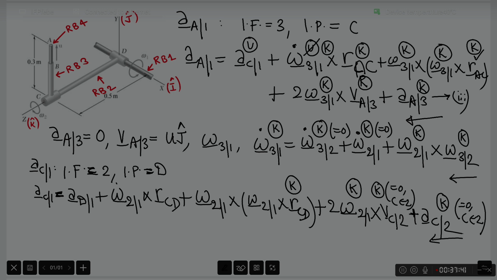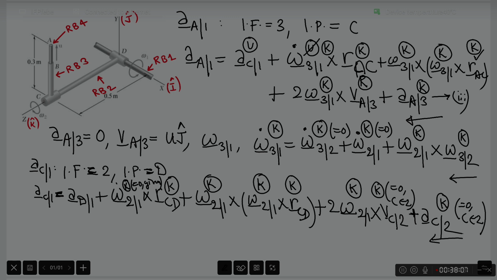RCD is also known based on the given geometric information. Omega 21, repeated indices, known quantity. RCD is a known quantity. Omega dot 21 is also known. It is actually 0 as given.